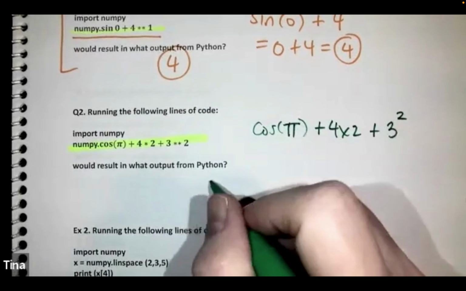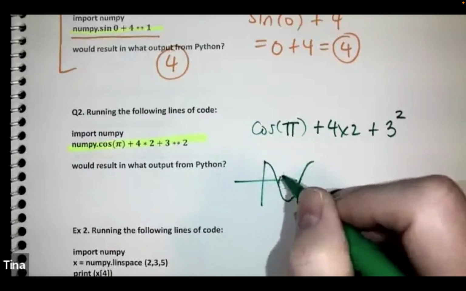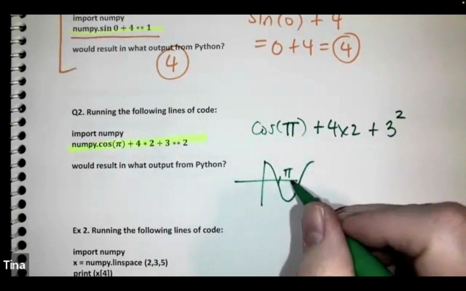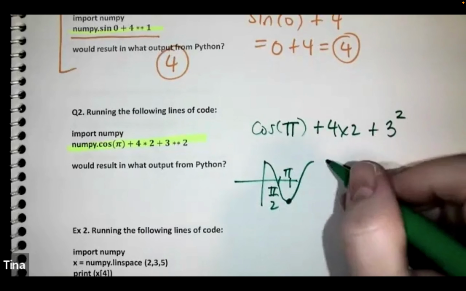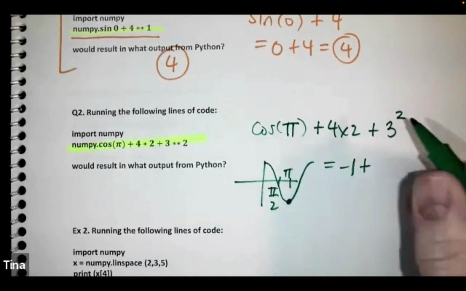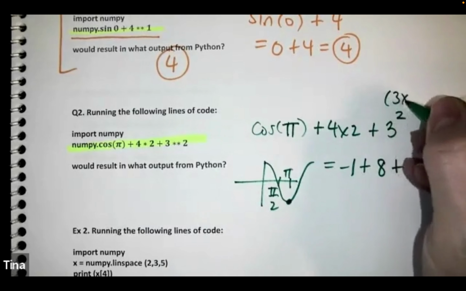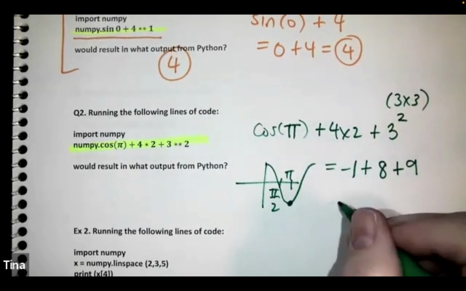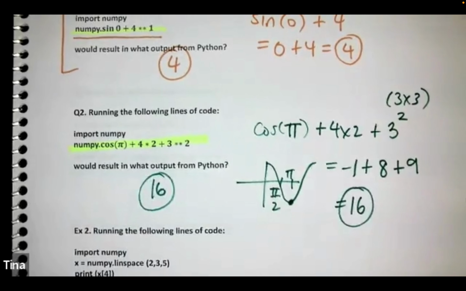And cos of pi, from our cos graph, is at -1. So it'd be -1 plus 4 times 2 is 8, plus 3 squared is 3 times 3, so 17 minus 1, so our output should be 16.